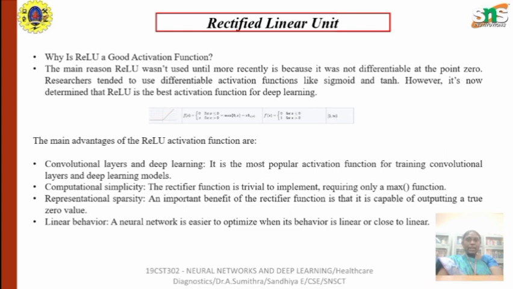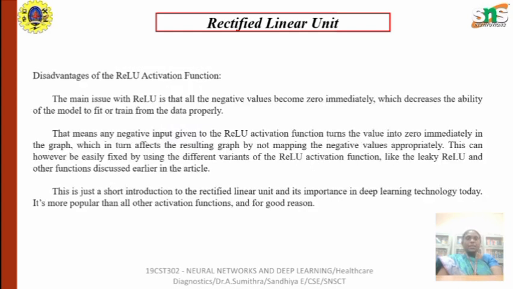Avoiding the vanishing gradient: it helps mitigate the vanishing gradient problem by allowing gradients to flow freely for positive inputs, leading to more stable and efficient training. Sparse activation, where it introduces sparsity in the network, which can help reduce overfitting and promote the learning of more diverse features. Fast convergence: neurons remain active for positive input, allowing the network to learn quickly and converge faster during training.